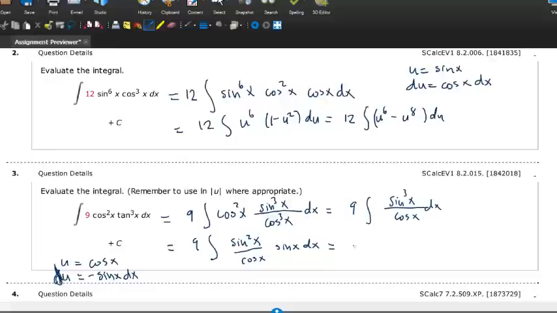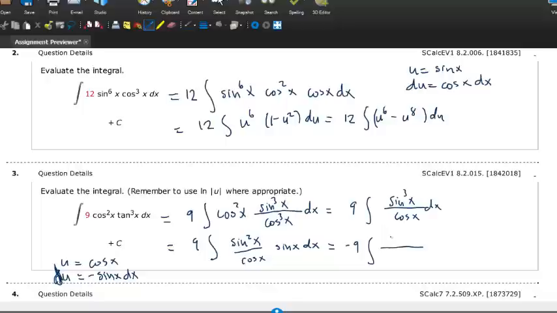Okay, so after this substitution, I can go ahead and write this integral. Let me use that minus sign, pull that out, I get negative 9 integral of, alright, the first thing I have to replace is sine square. How can I substitute for sine square x if I call cosine x u?